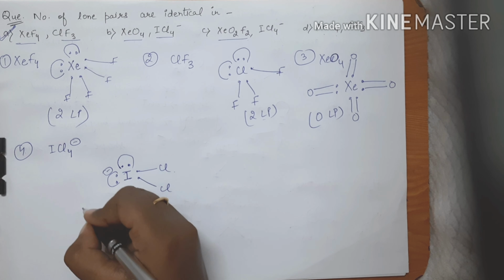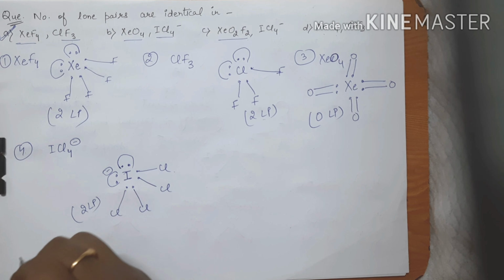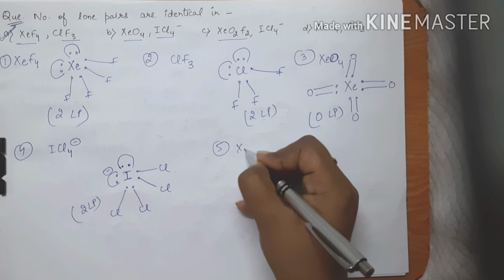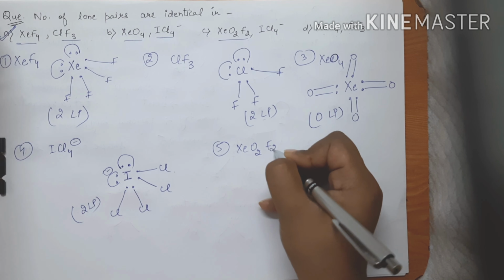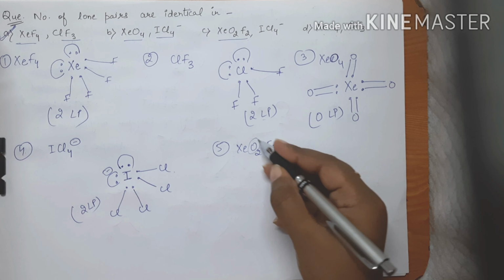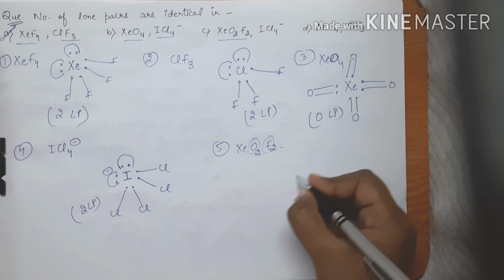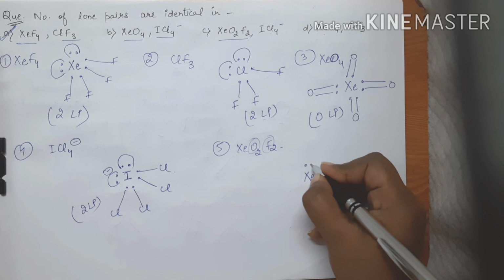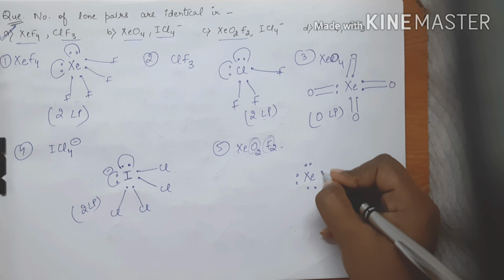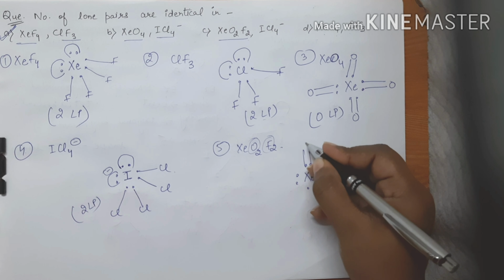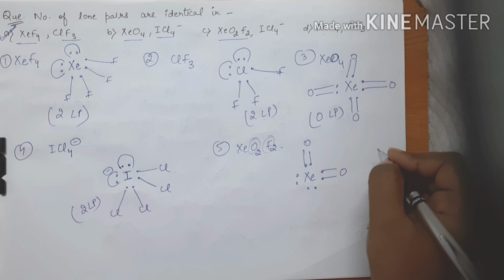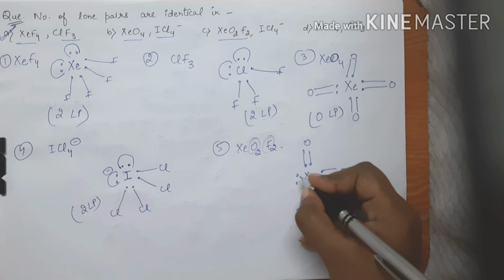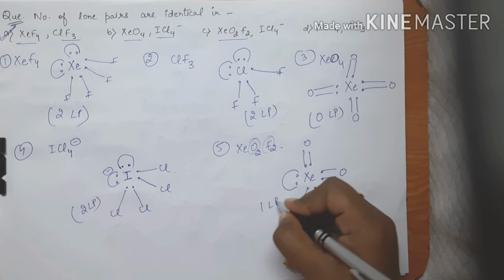So it will have 2 lone pairs. And next is XeO2F2, right? Here oxygen is bivalent and fluorine is univalent. So the central atom will be xenon having 8 electrons in the valence shell. 2 oxygens will be attached like this, because these are bivalent, and 2 fluorines will be attached like this. So it will have 1 lone pair.